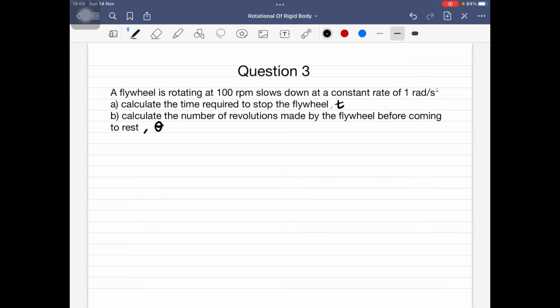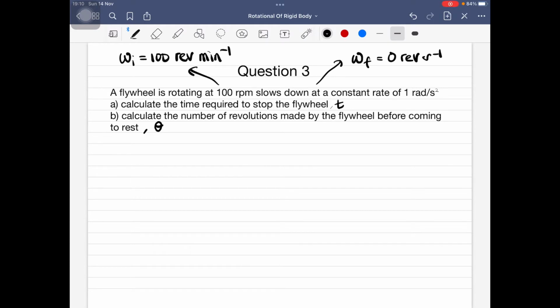Okay, so it starts from 100 revolutions per minute. So here I will put omega initial is equal to 100 revolutions per minute, and then it slows down until it stops. So I will say that my omega final will be 0 revolutions per second.